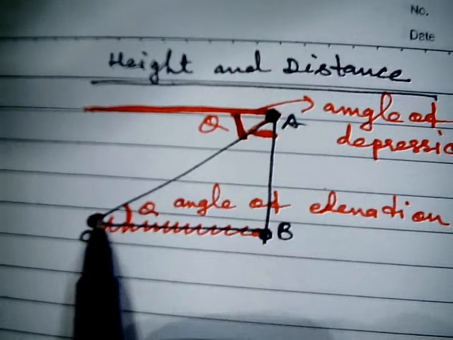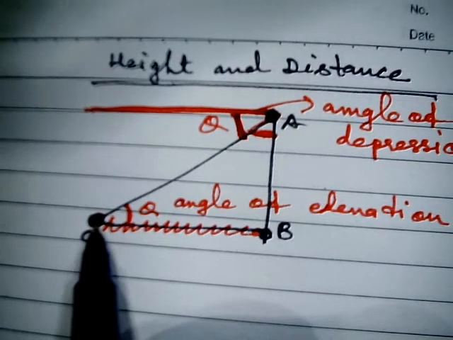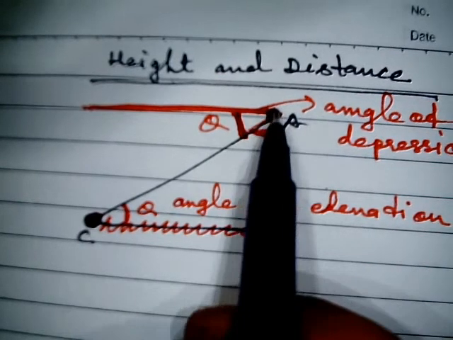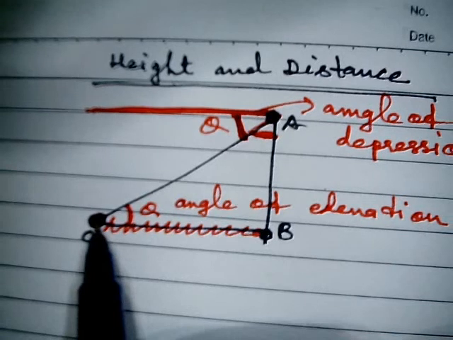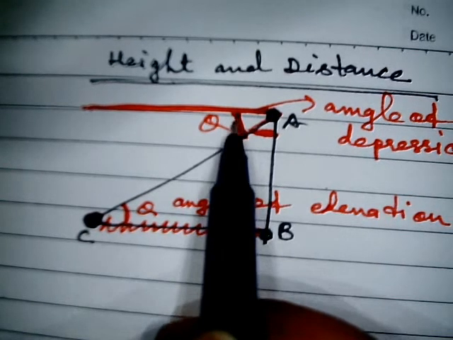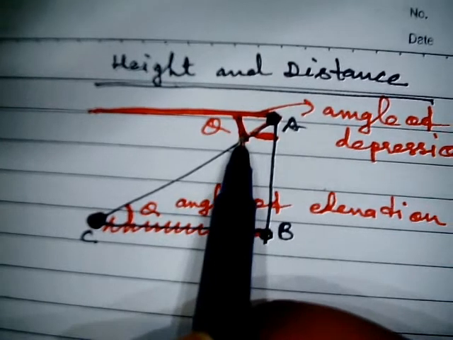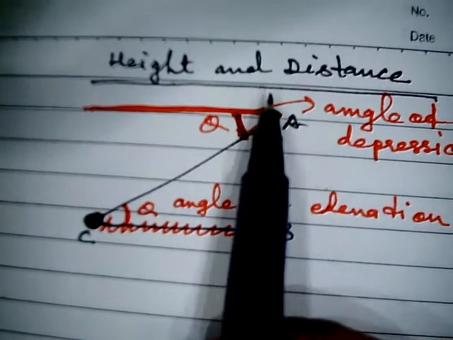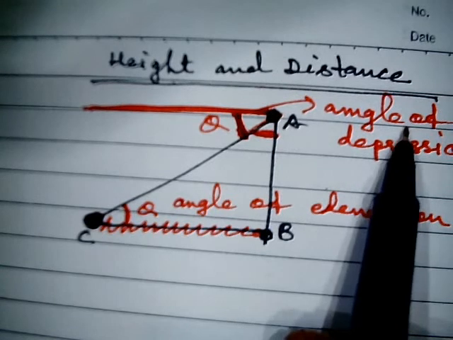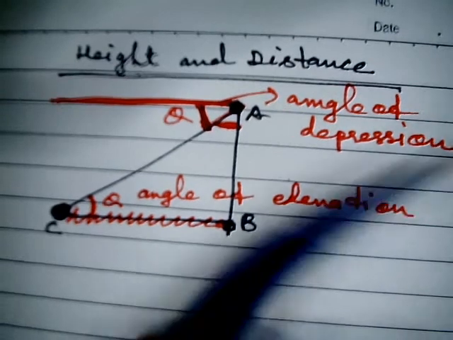With your eyes you are observing this, so the angle made by your eyes with this object is theta. If you are making the angle from top to bottom, that is called angle of depression, and if you are making the angle from bottom to top, that is called angle of elevation.